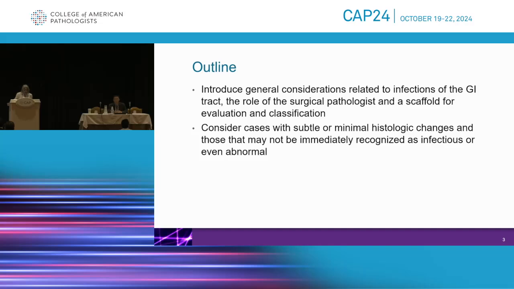This will be of assistance to you as you try to classify these using various patterns and compartments. And we'll do this all through the lens of considering cases with subtle or minimal histologic changes and those that may not even be immediately recognized as abnormal, or the part of the change that clinches the diagnosis as being infectious is subtle and may not be immediately recognizable.